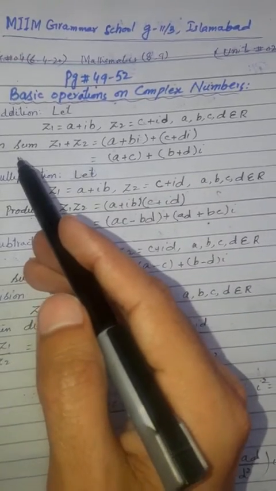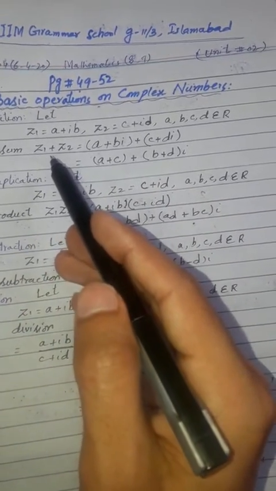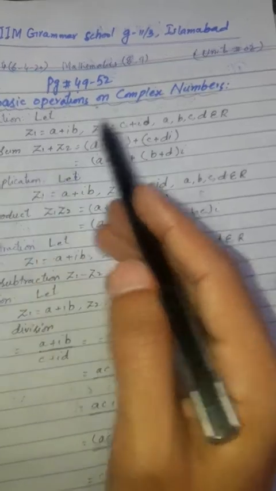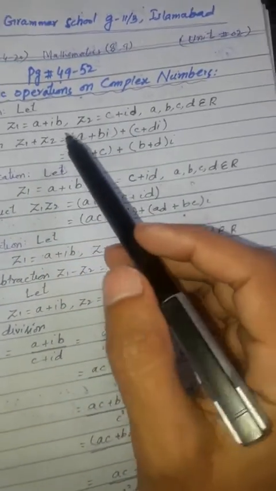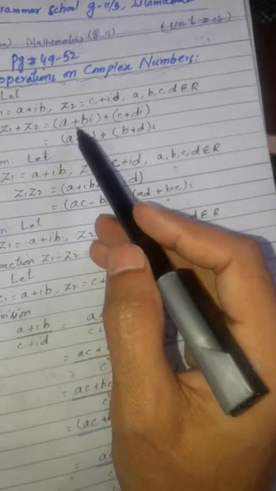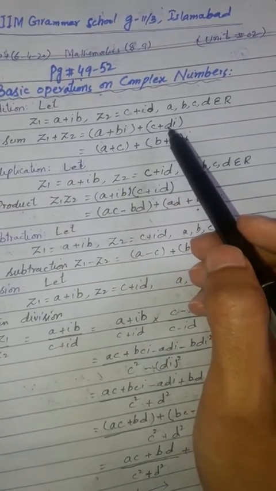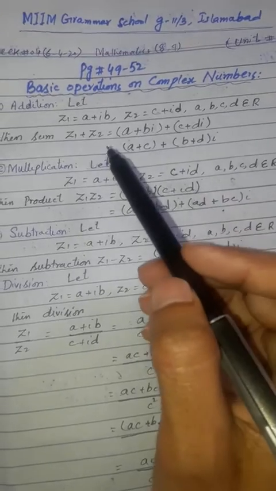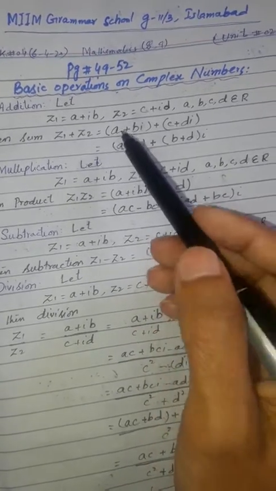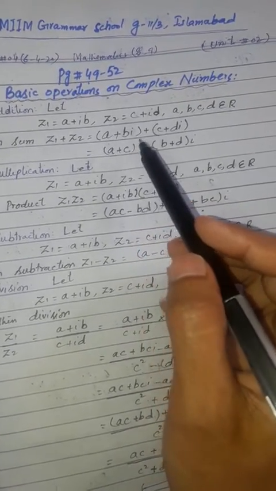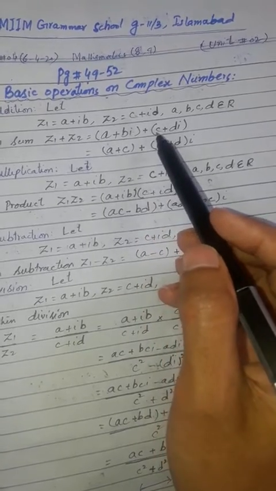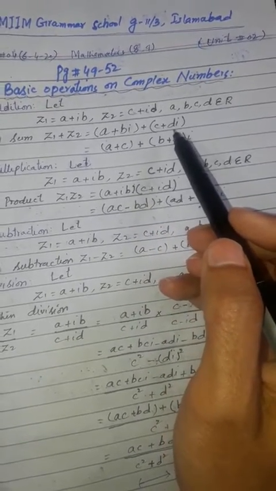Then how can we perform the sum? Very simply, z1 plus z2 equals the first complex number, a plus b iota, plus the second complex number, c plus d iota. How can we perform the addition? The real part into real and imaginary part into imaginary part.